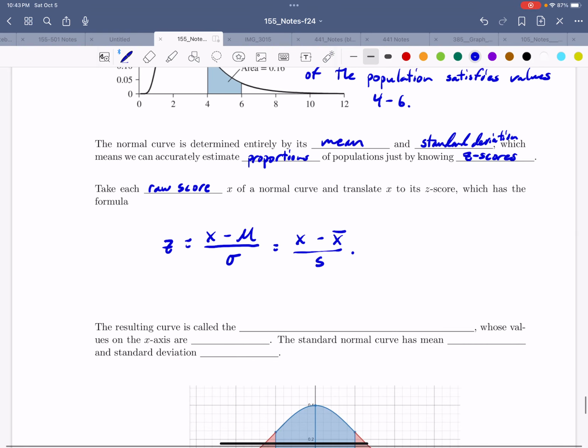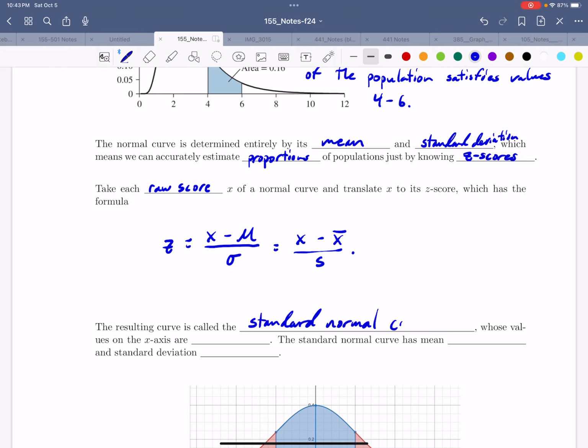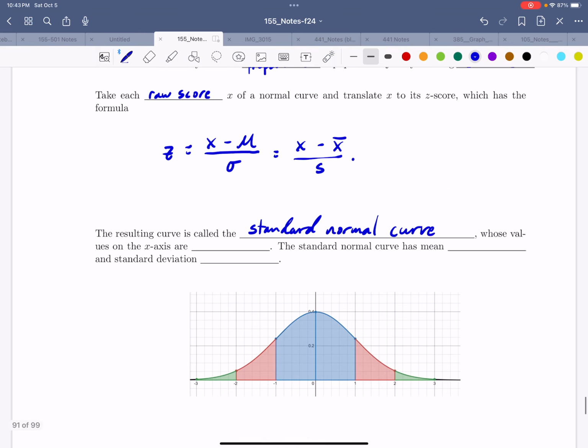And so the resulting curve is called the standard normal curve. When you take every single data point and transform it into its z-score, then you have something called the standard normal curve, whose values on the x-axis are z-scores.